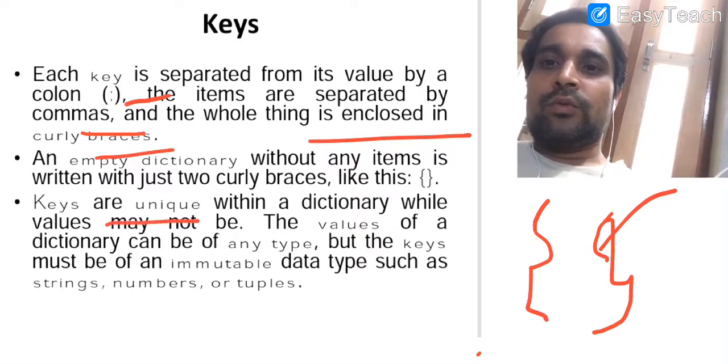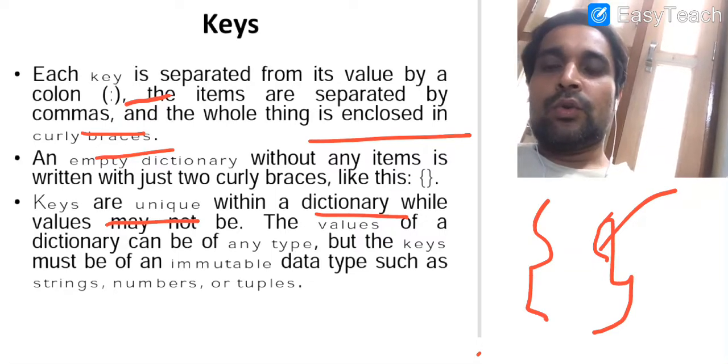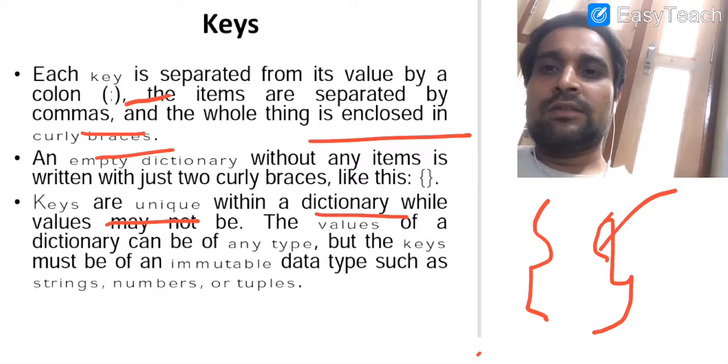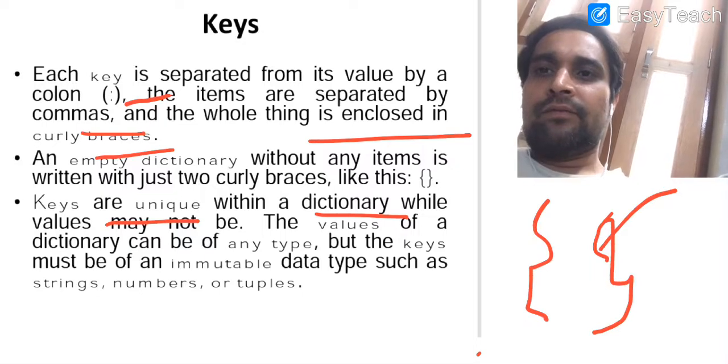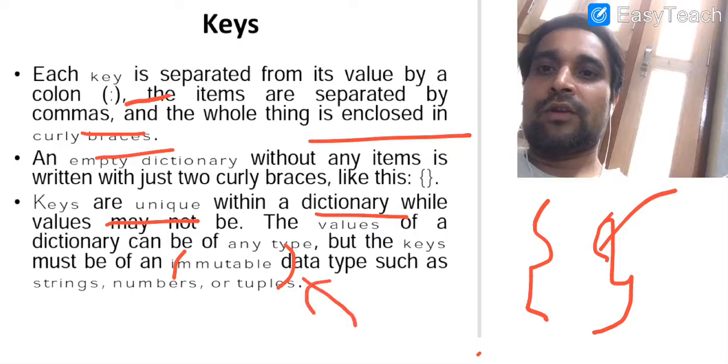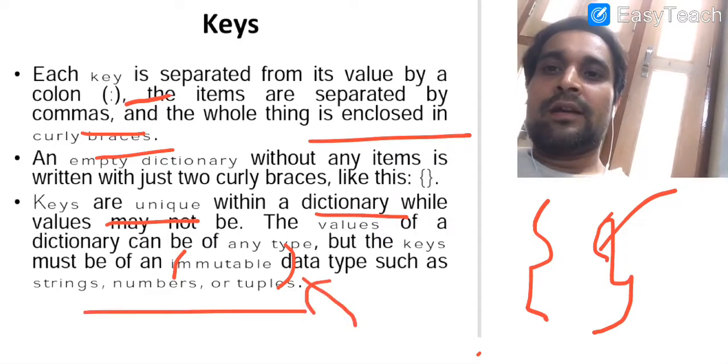All keys are unique within the dictionary. It means all the keys that we use in our dictionary must be unique or different. No two keys will be exactly the same in a dictionary, but the values corresponding to the keys can be the same. And one of the important concepts of keys is that keys will always be of an immutable data type available in Python like string, number and tuple.